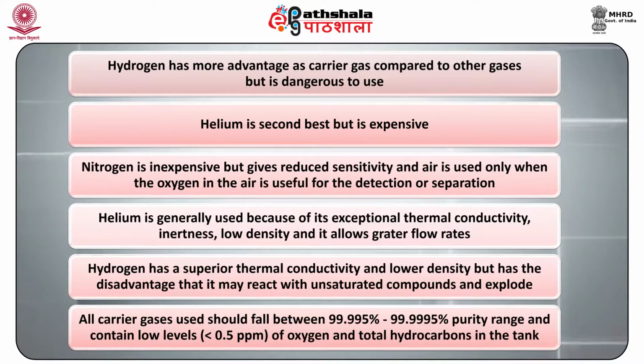Hydrogen has superior thermal conductivity and lower density, but has the disadvantage that it may react with unsaturated compounds and explode. All carrier gases should fall between 99.995% to 99.9995% purity range and contain low levels, even less than 0.5 ppm, of oxygen and total hydrocarbons in the tank.